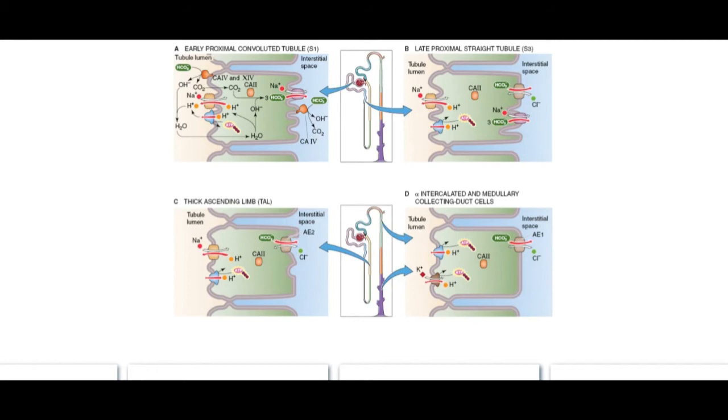For that reason, it's stopping the conversion of bicarb into carbon dioxide and water. And if it's stopping the conversion so that it can go into the cell and basically reconstitute that bicarb so it can be reabsorbed, you are stuck with that bicarb in the lumen.